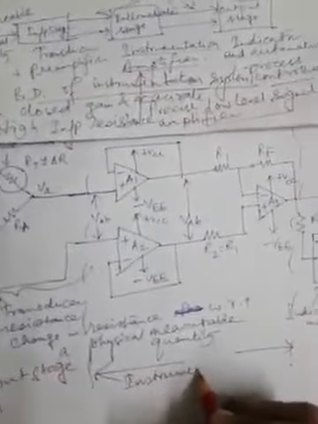This portion comprising 3 op-amps is my instrumentation amplifier as per my block diagram, which is the intermediate stage as given in the block diagram, and the third stage is the output stage, which is nothing but this portion, the meter and the load.